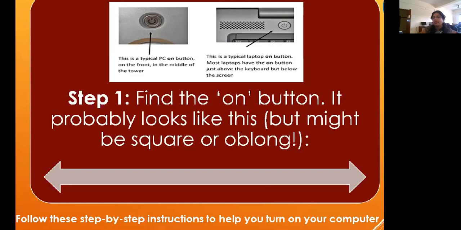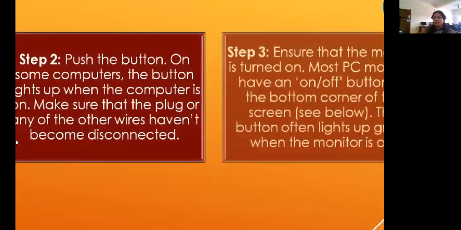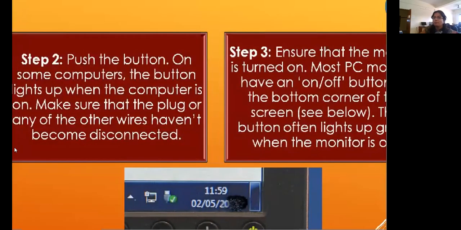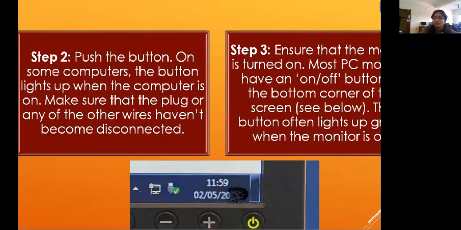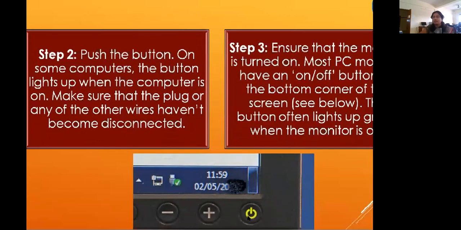And the second step is to switch it on. Press, push the button. On some computers the button lights up. Yes, children, in our computer lab also, as soon as you switch on the monitor or the CPU, the light switch lights up.